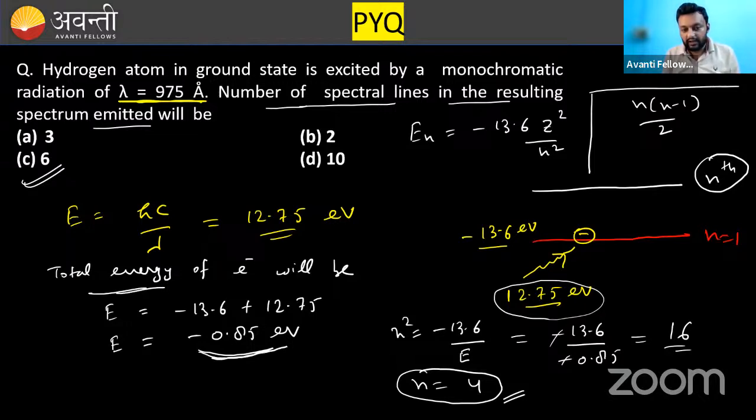After calculating this, let's assume that electron has jumped to nth orbit, and in nth orbit, its energy will be something like that. Clear? So get the value of n, and you will get the answer. I think time is also over. I am ending the class. Bye, everyone.